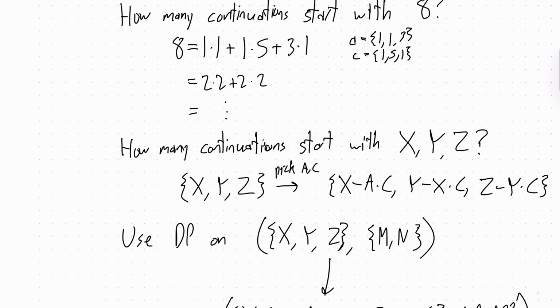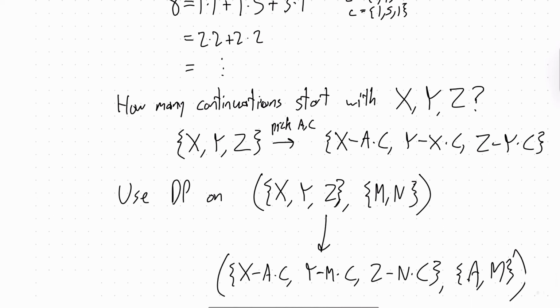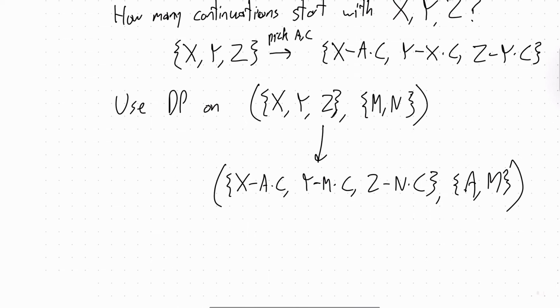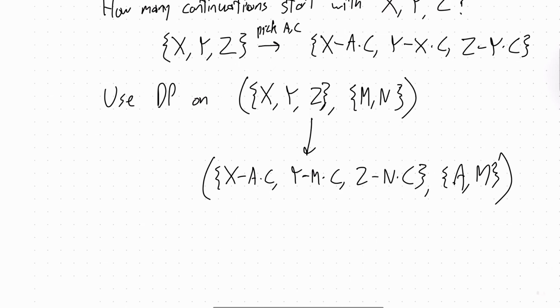And we can generalize. So we can still use dynamic programming, but it's a complicated dynamic programming on vectors. And so this is our more general version of dynamic programming that we use here.